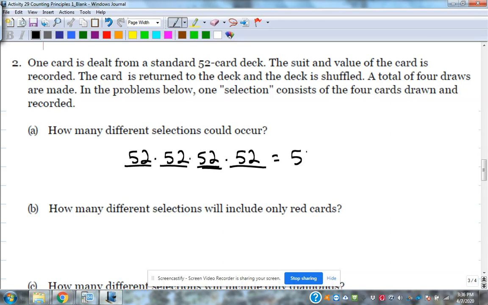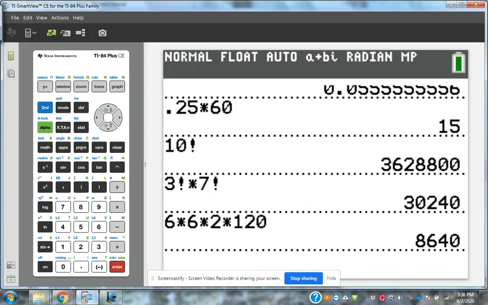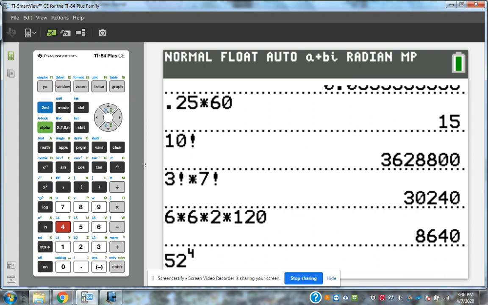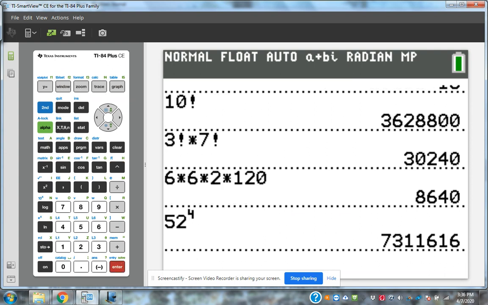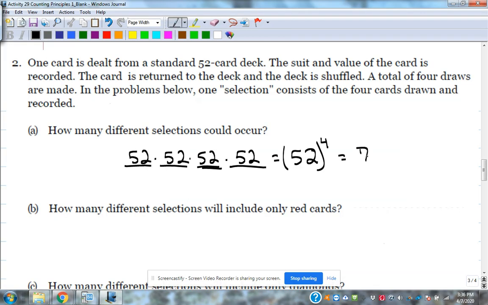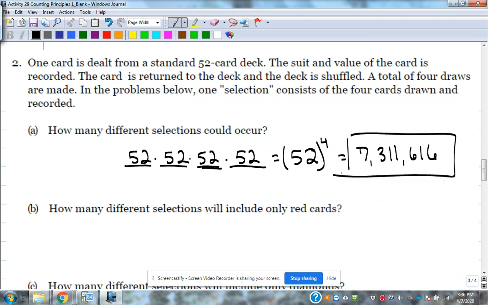That's the same thing as 52 to the 4th power. Depending on what grade level you are and what concept you're dealing with, you might want to use exponents, you might not. So I'm going to use 52 raised to the 4th power, and that's 7,311,616. That's how many selections there could be.